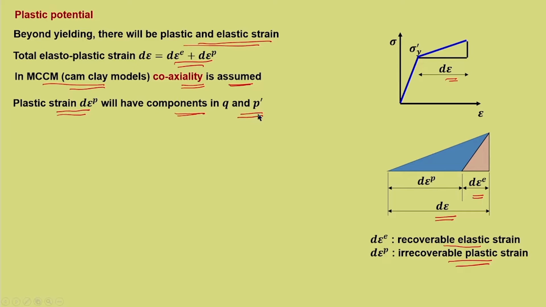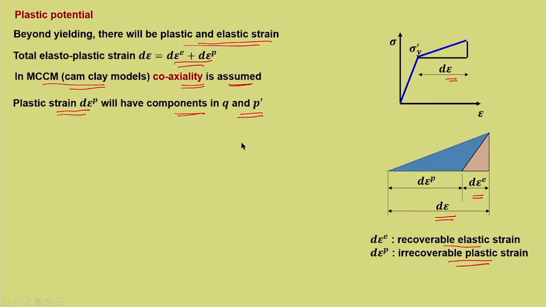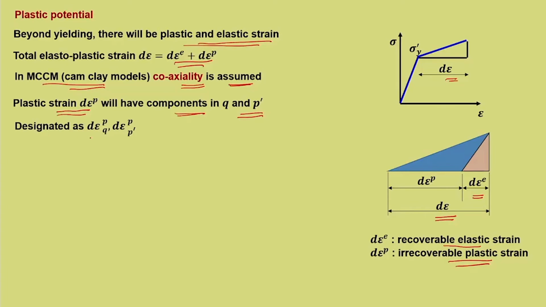That means, the plastic strain due to volumetric changes, and the plastic strain due to deviatoric changes, and that plastic strain is decomposed into the component due to q and the component due to p dash, and this is designated as d epsilon q P and d epsilon p dash P. Now, this is the plastic strain due to q and this is the plastic strain due to p dash.